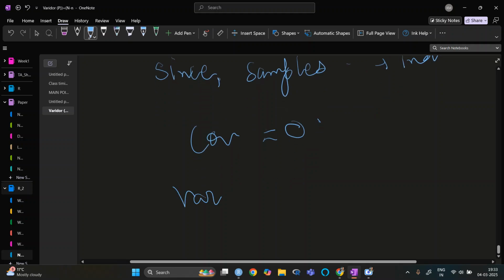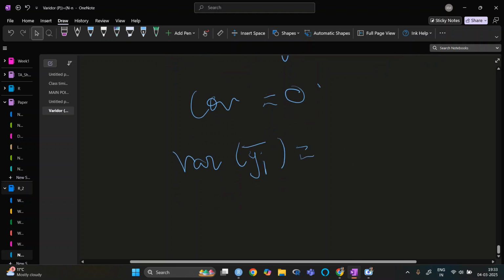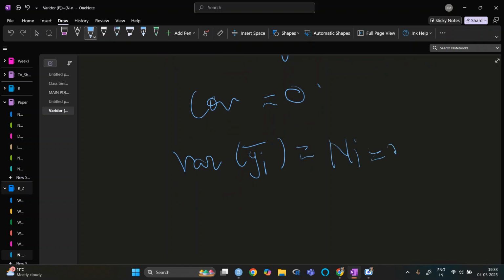So the variance of yi bar, like in SRSWOR, is basically (Ni minus ni) upon Ni times ni times Si square.